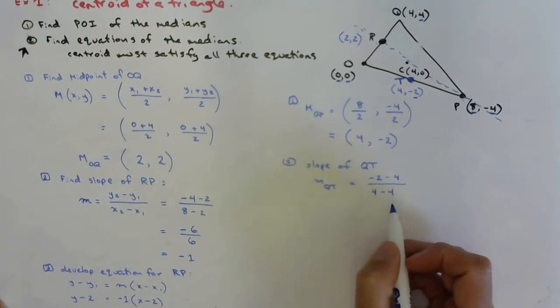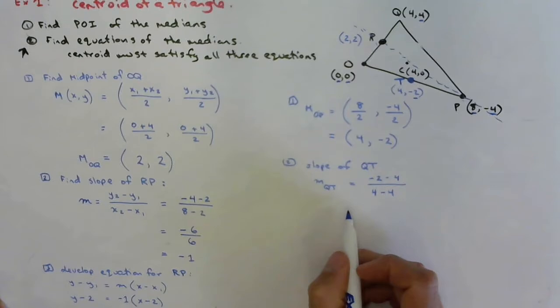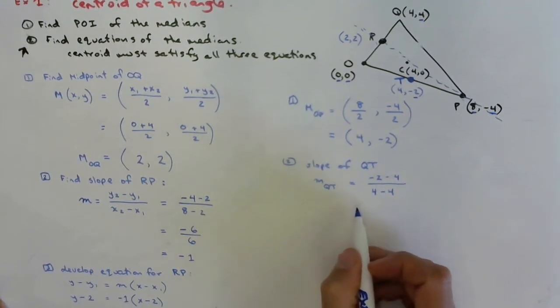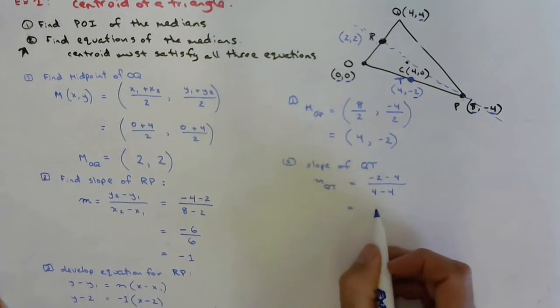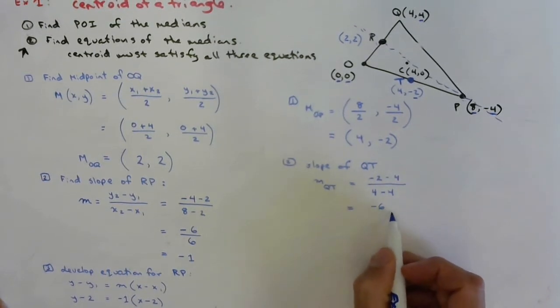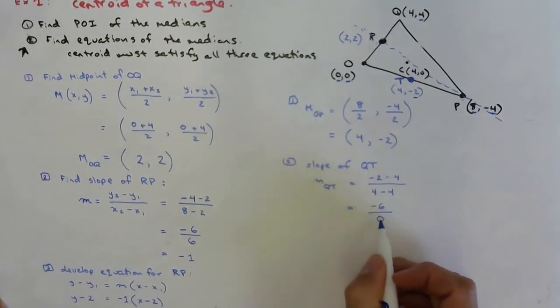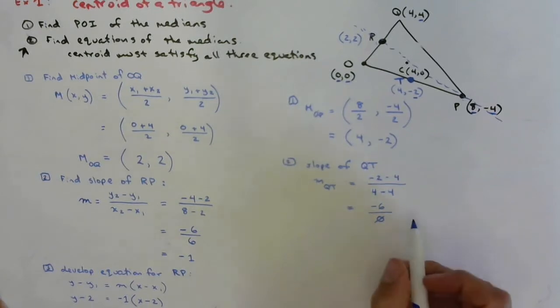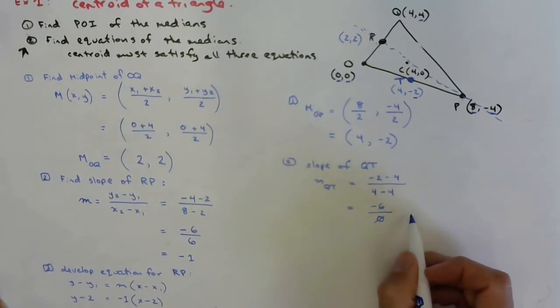Uh-oh. This is problems. Running into all sorts of trouble here. What's going to happen here? Negative 2 minus 4 is negative 6 in the numerator. The denominator is 4 take away 4. That's 0. So what is the slope? Do you know what this slope is?